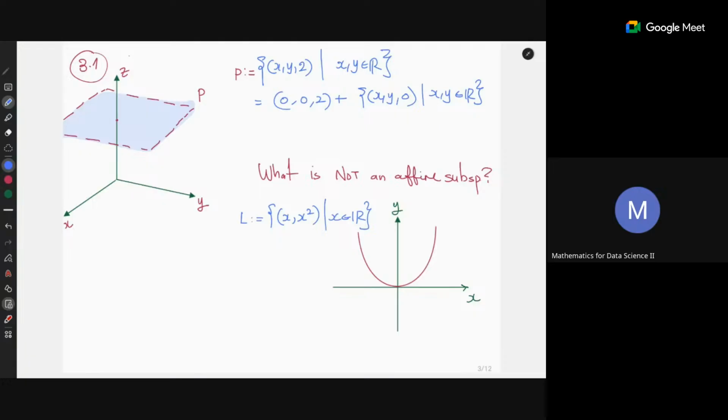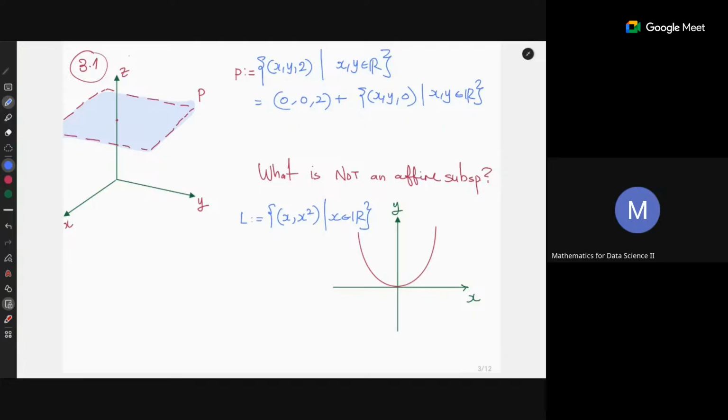Now, what are the subspaces of R2? Subspaces of R2 are the lines. And if you add a vector to a line, you must get a line back. You cannot get a subset which is curved in some sense. This is curved. It is not a straight line, so you will not be able to obtain this.